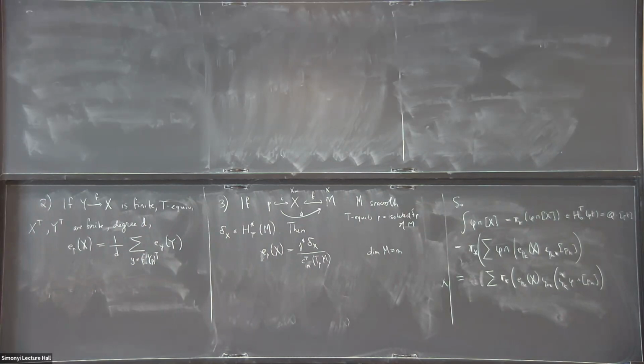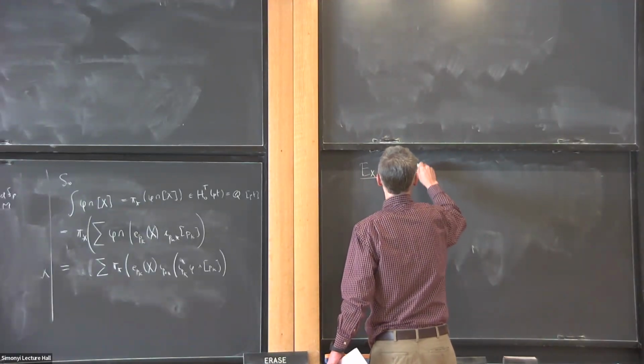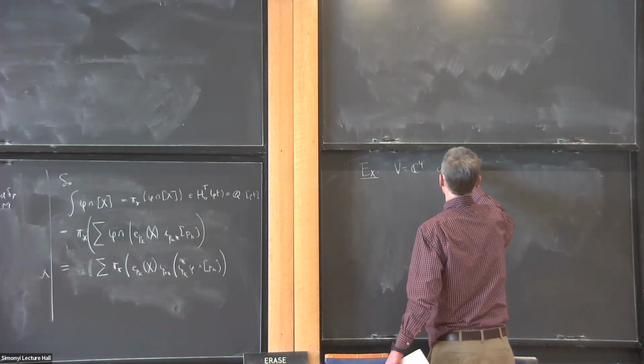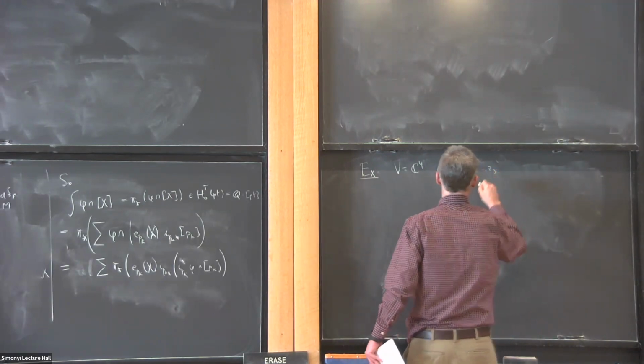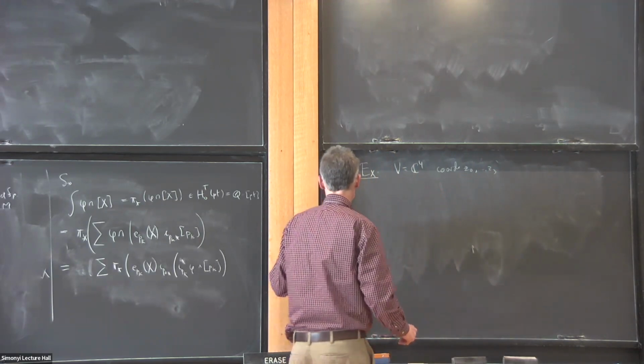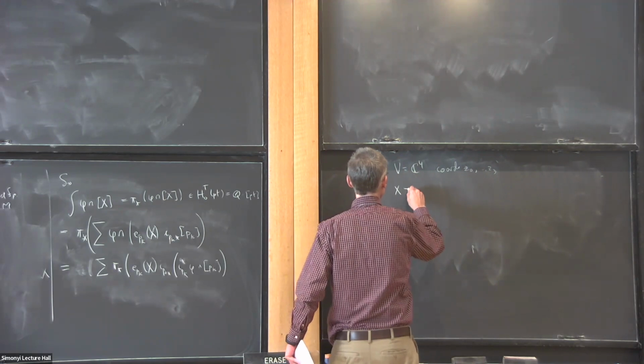Okay, so let's just look at an example here. Suppose I look at V equal to C^4 with coordinates Z0 up to Z3, say. And X is going to be P(V) again here.